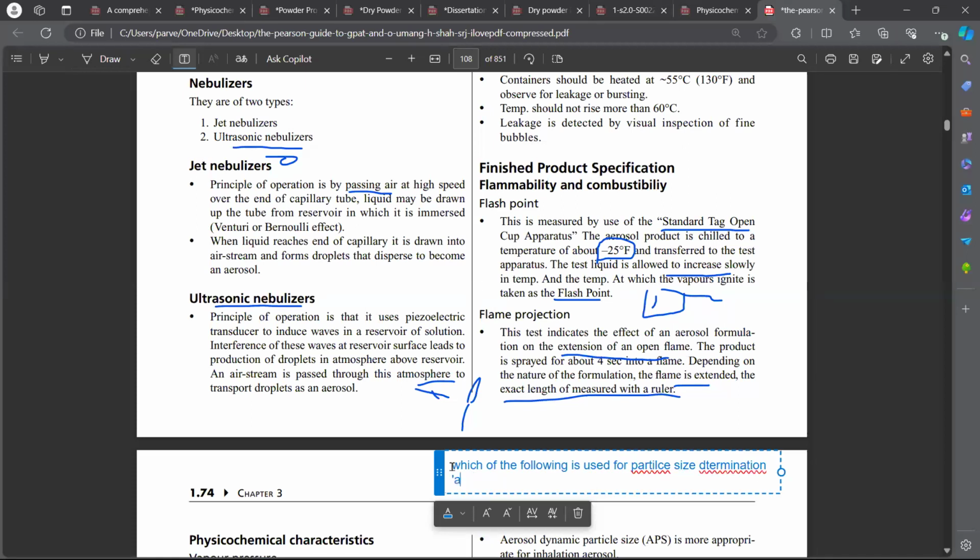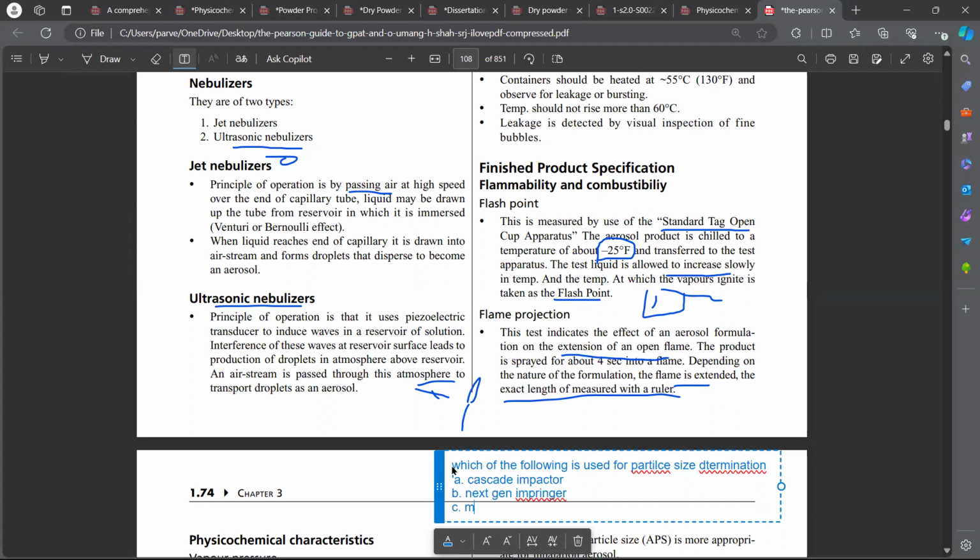A, cascade impactor. B, next generation impinger.